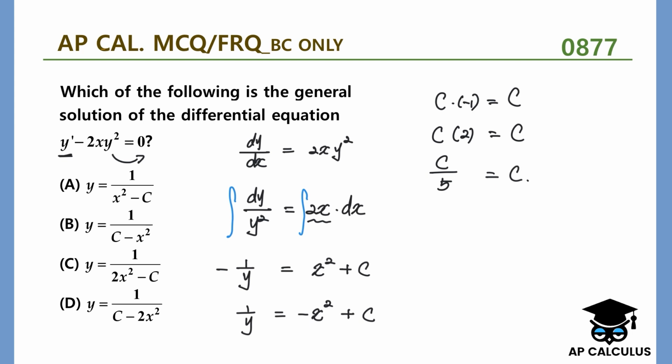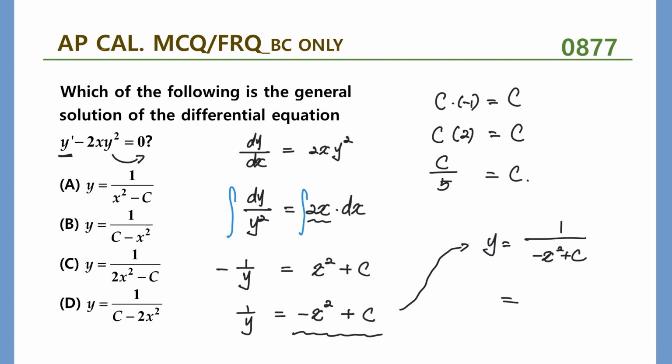So 1 over y is equal to negative x squared plus c. So y is equal to 1 over negative x squared plus c, right? Or we can write 1 over c minus x squared. So the answer is B. Okay?